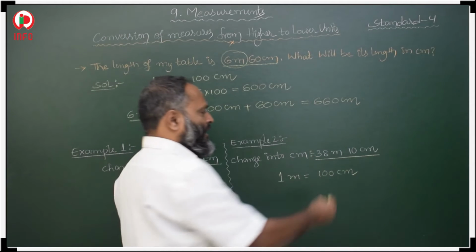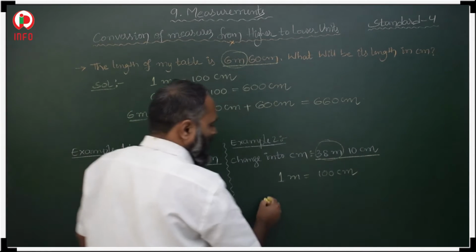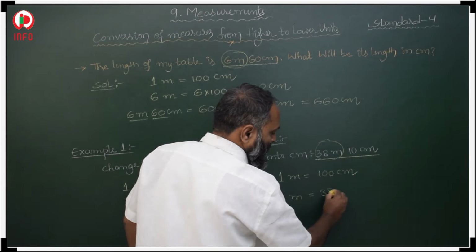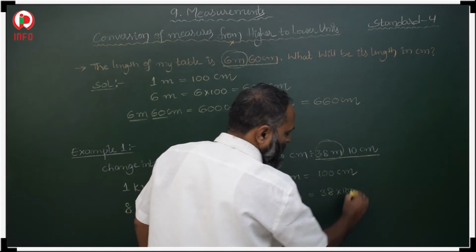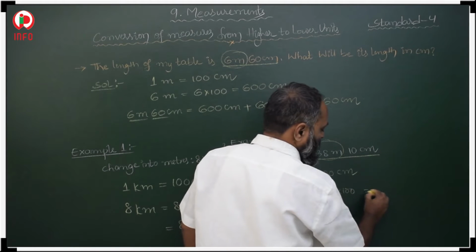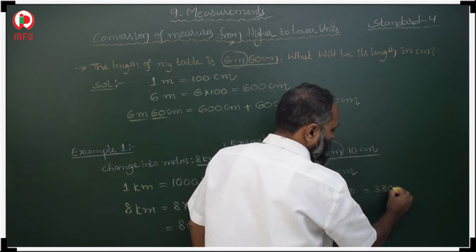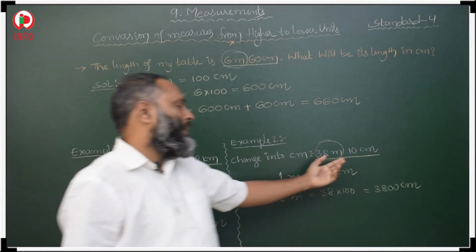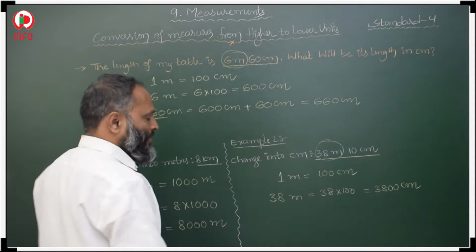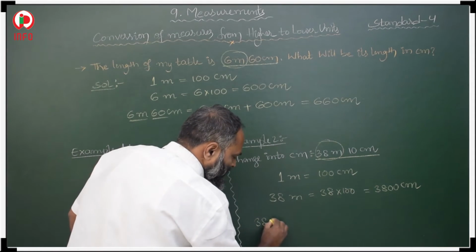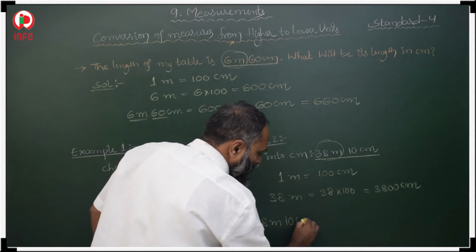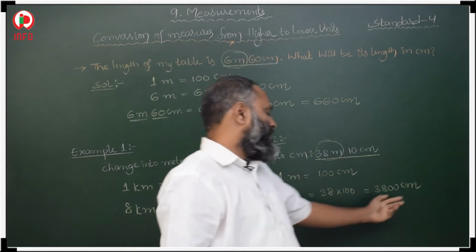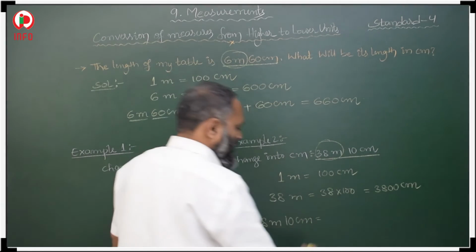Then 38 meters means 38 multiplied by 100, that is 3800 centimeters. Now we should convert the complete length, 38 meters 10 centimeters, into centimeters. 38 meters is 3800 centimeters.